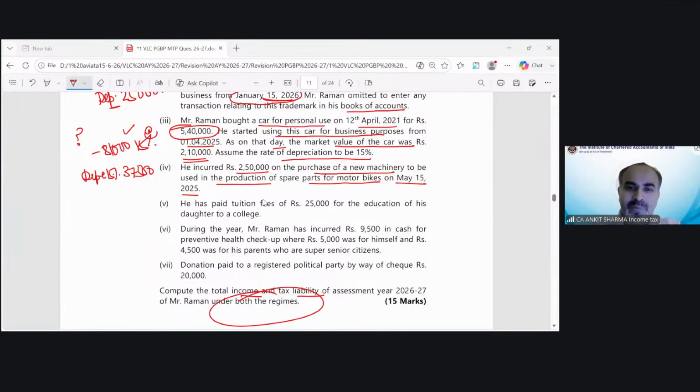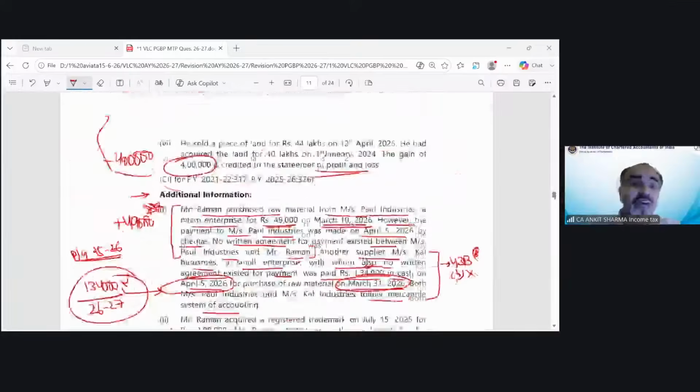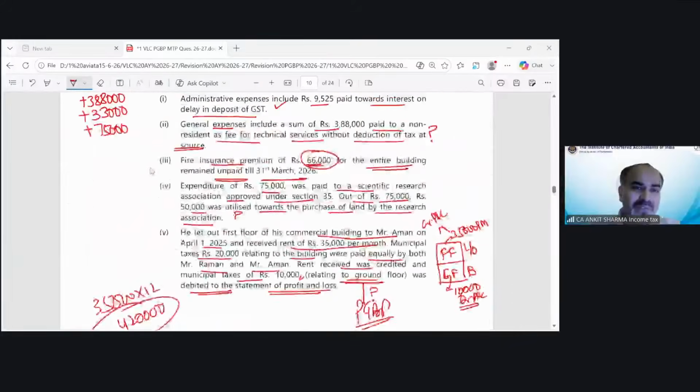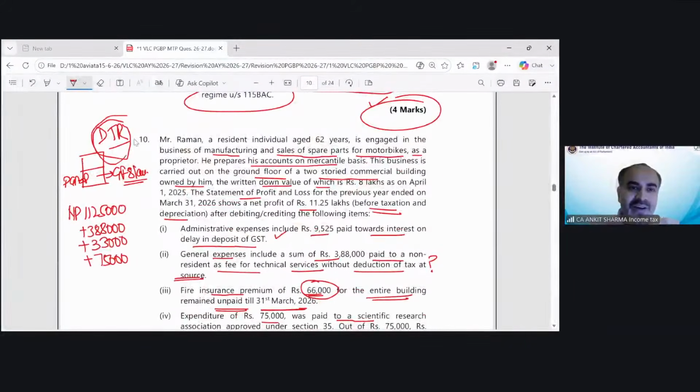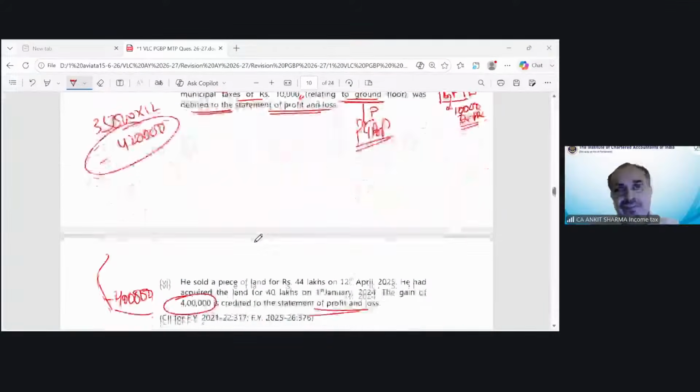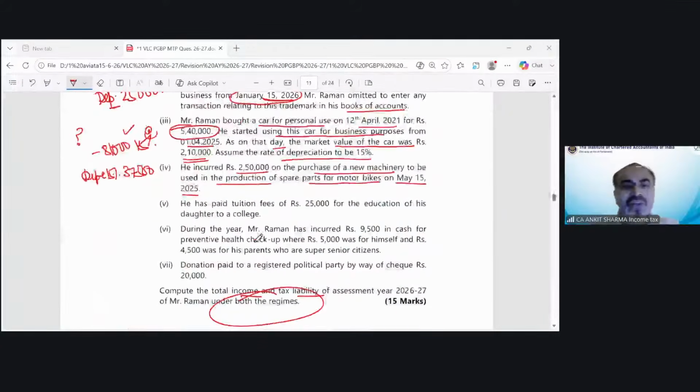But the problem is we are solving this question under the default tax regime, students. We have forgotten it. Under the default tax regime, there is no concept of additional depreciation. So yes, all the conditions have been fulfilled. We should have claimed additional depreciation, and we will when we solve this question as per the optional tax regime, but not in this case. I hope it's clear.